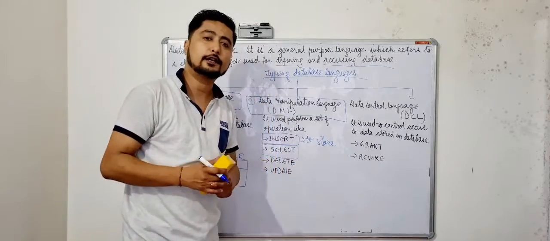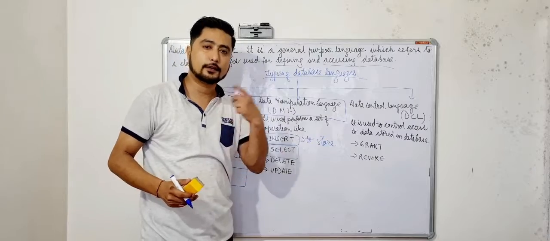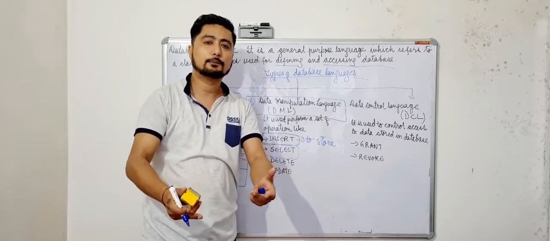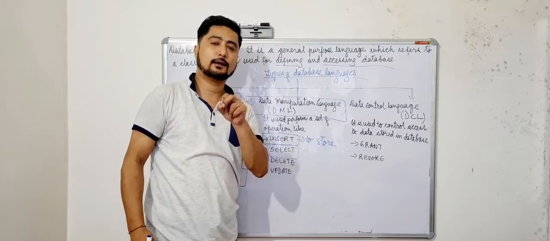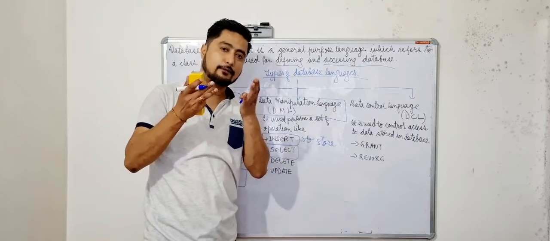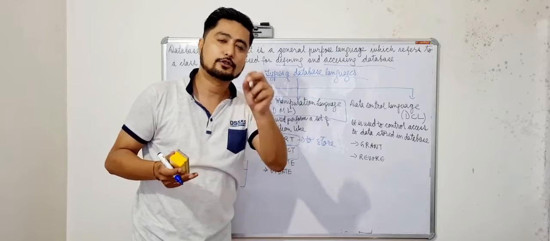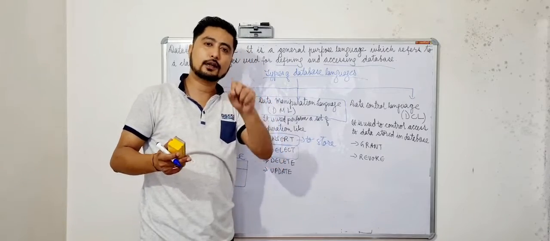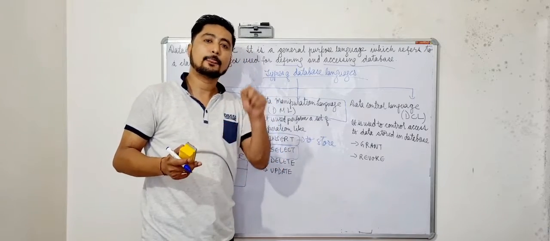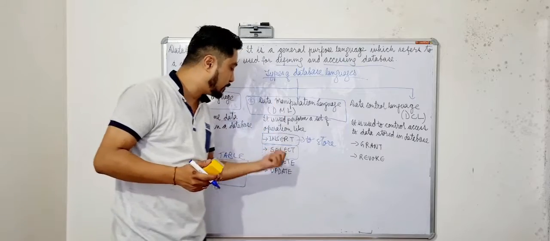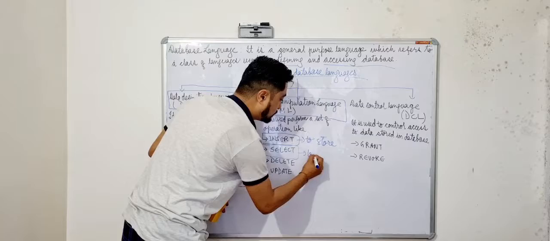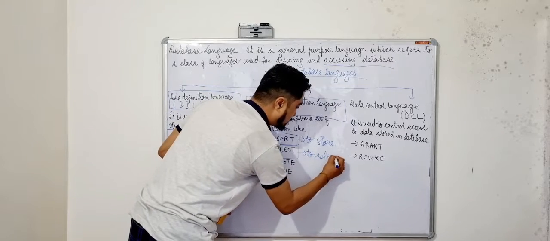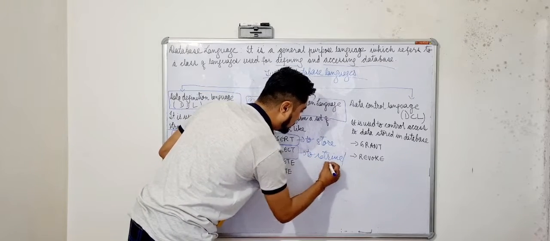Now, after storing the values or data into the table, if you want to perform an operation like search, you have stored a lot of data in the table. If you want to retrieve or search any data from the table, we use the command called search. This is used to retrieve, or we can say to search.